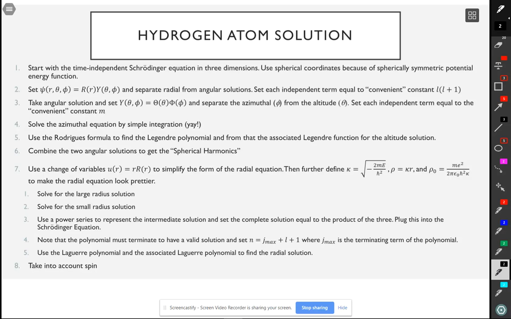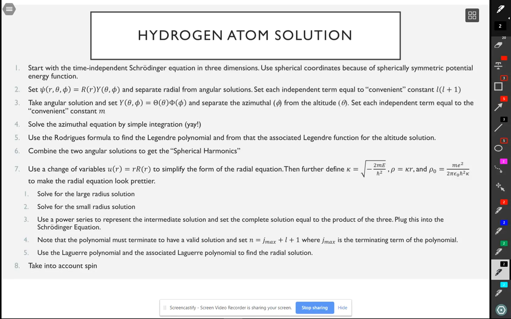Then we have to do our separation of variables, and we have it in 2 steps. The first step is to define a function that has the radial part and the angular parts, because you have both phi and theta.